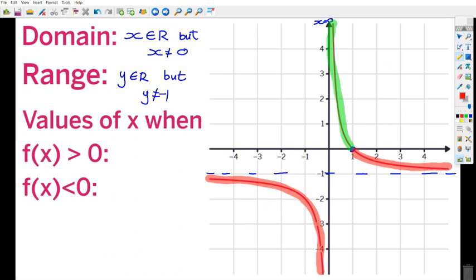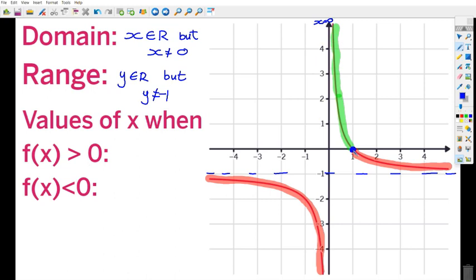Now they're asking what the values are. Sorry, let me just neaten this up a little bit. Okay, not touching that y-axis over there. So f of x is greater than 0. Where am I greater than 0? Let's go to my x-intercept.